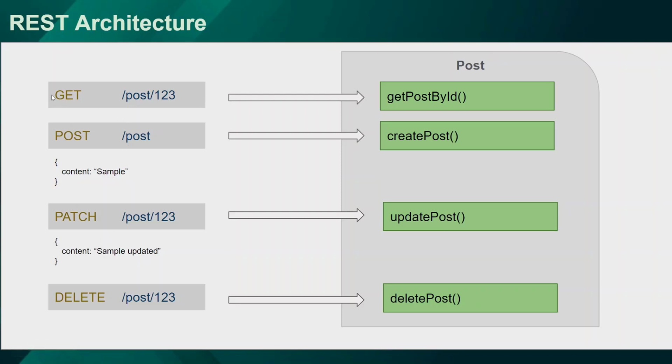You can see the get method and the patch method have the same URL, but they perform different activities. It happens because we are using these specific HTTP methods, right? If we use HTTP get, the backend knows it needs to call this method, and if we use HTTP patch, the backend knows we need to execute the update post method, right?